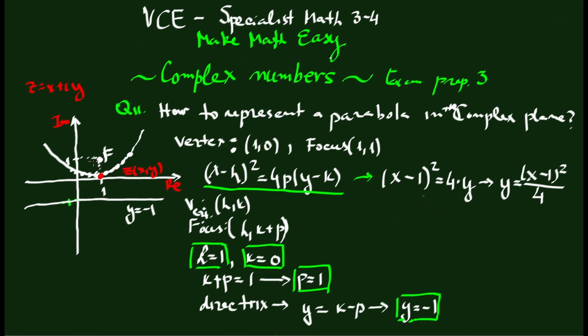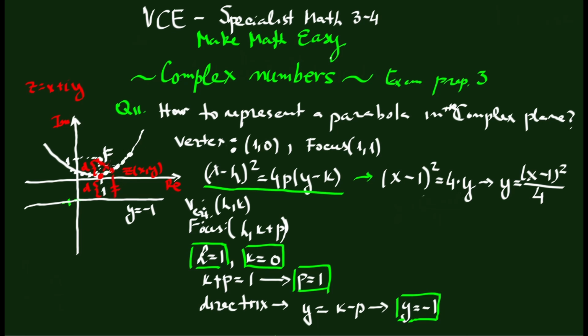So what we say is that this distance here is equal to this distance here, the same distance, and the same thing for the others. So the distance there should be equal to the distance there.